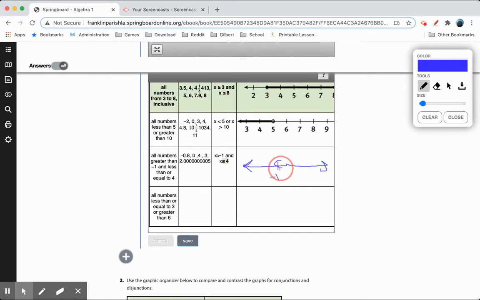I'm going to circle it because we're not including it. 0, 1, 2, 3, 4. Now 4 is included this time, so it will be a shaded in circle, and the lines will be shaded in between them. So that will include all the numbers between -1 and 4.